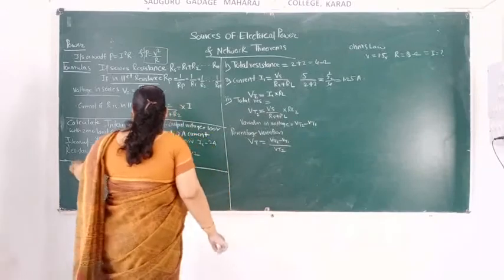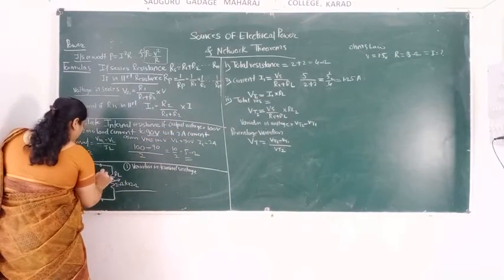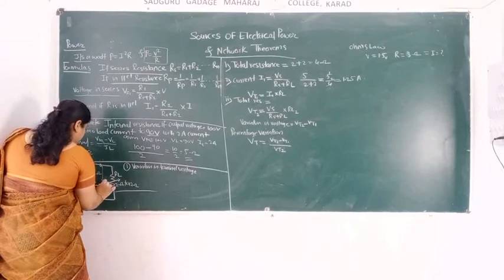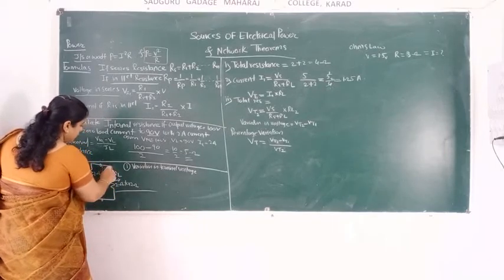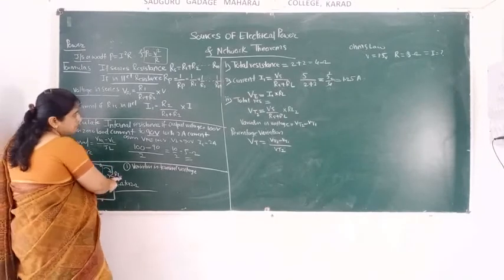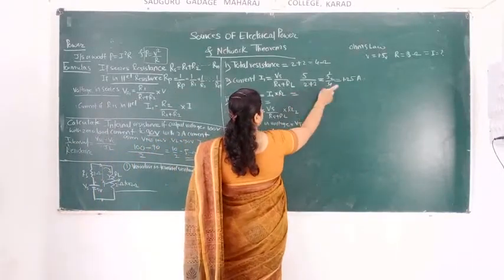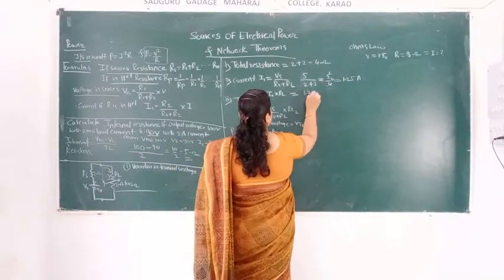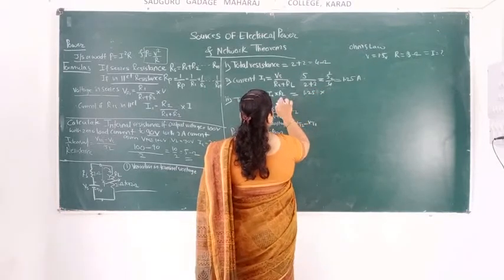Then terminal voltage: Vt is equal to I into R. Terminal voltage, yesterday in the lecture we have seen this. Vt, that is terminal voltage, is I into RL, the current flowing through the circuit I and RL. The multiplication gives the terminal voltage. So the current we found here is 1.25 ampere, into 1.25 into RL.